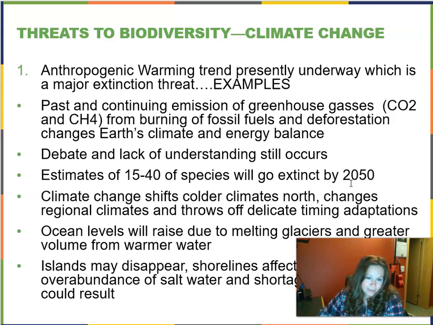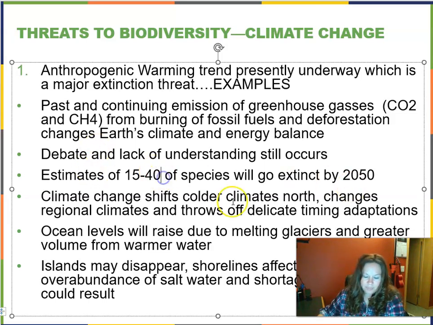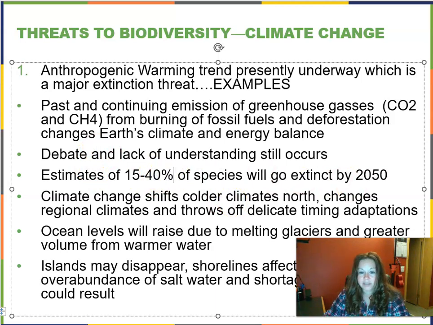There's a debate and lack of understanding that still occurs with this, and estimates are that 15 to 40% of species will go extinct by 2050. I forgot to add the percent sign there.